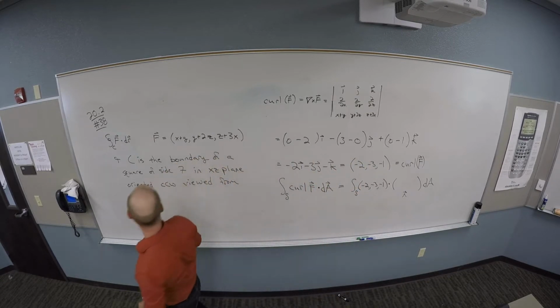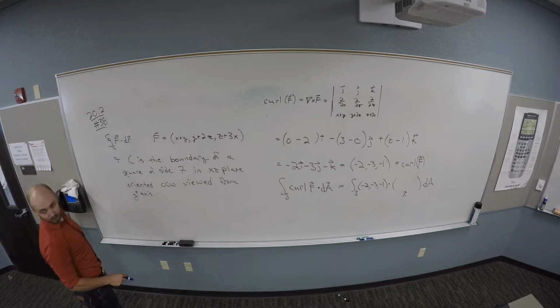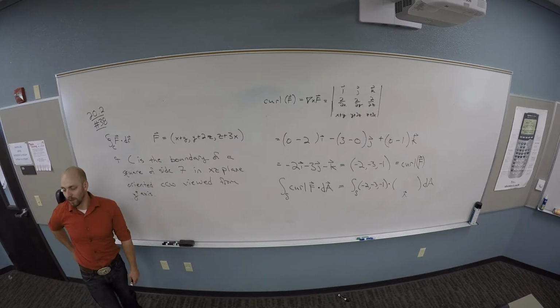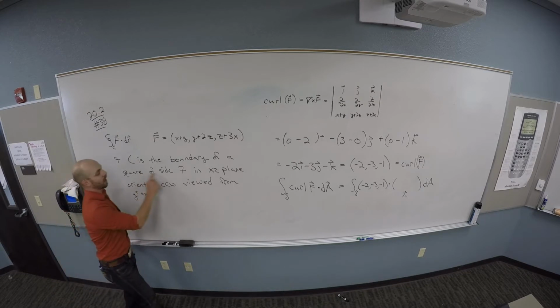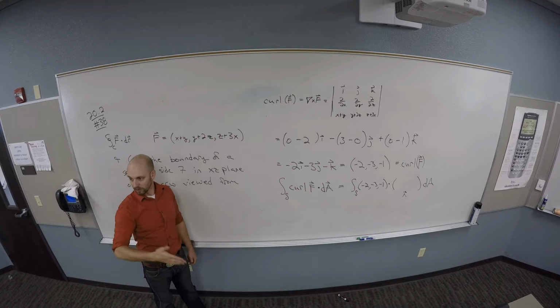So what's your unit normal to the square of side length 7 oriented counterclockwise? Just j. You guys see that? It's either j or minus j, right? It's a square of side length 7 in the xz plane, so it's sitting flat in the xz plane.